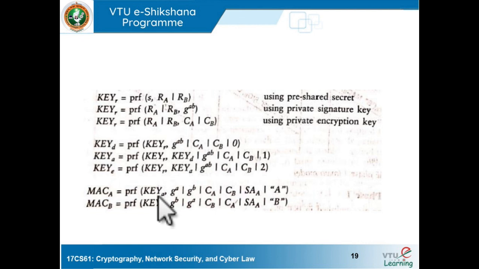Now MAC A and MAC B computation also involves another entity called SAA. This is a cipher suite which is proposed by the initiator A. Now why is this included? This inclusion in the hash will detect possible substitution by an attacker of a stronger cryptographic suite by a weaker one.